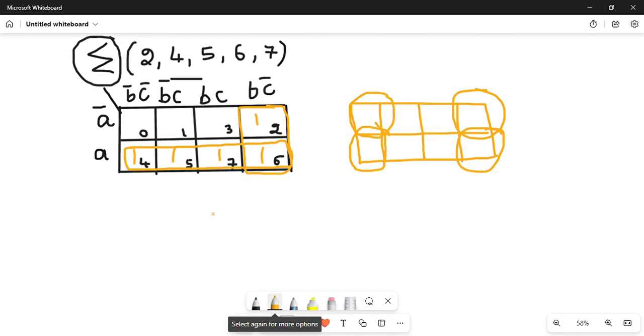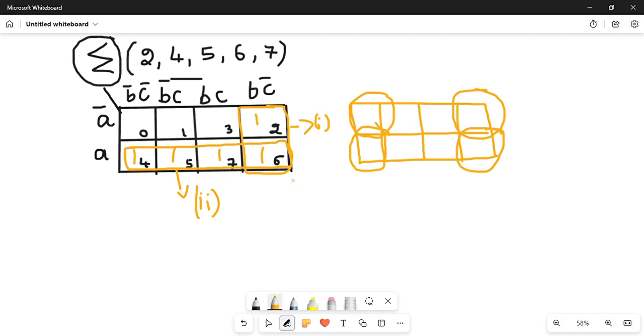Only two groups are present, where if you consider this as group 1 and group 2, which one is group 1? The group of 2 is the first group, and this group of 4 is group number 2, right?